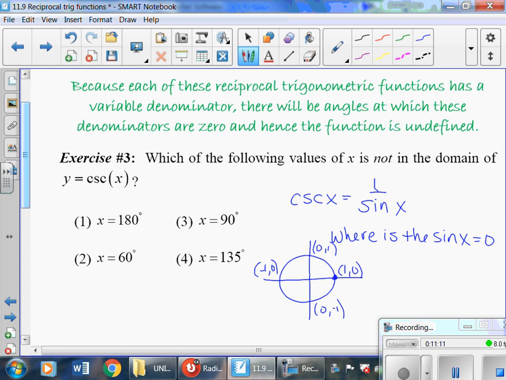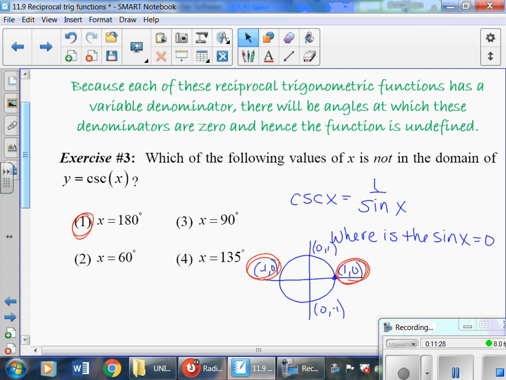So my sine is my y value. So I know I'm going to have sine of x equal to 0 at 0, 360, and 180. So here it is right here, 180. And I can double check that in my calculator, but I'm not going to, because I don't want to grow old before I finish this lesson.